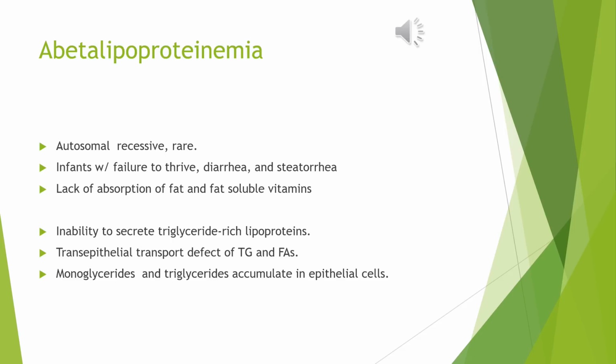A-beta lipoproteinemia is another malabsorptive disease which is autosomal recessive and very rare. From its name, A-beta lipoproteinemia means the absence of beta lipoproteins in the blood. And the absence of these beta lipoproteins is due to a deficiency or lack of the absorption of fat and fat-soluble vitamins.